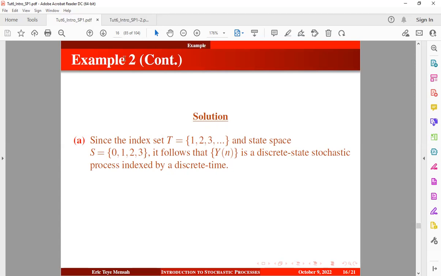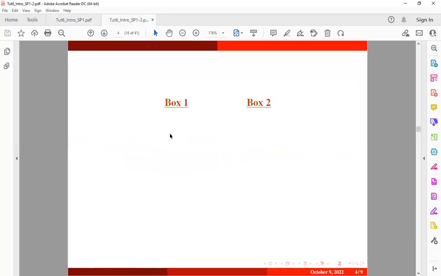How do you obtain this? Let me quickly show you. We have our two boxes here, box one and box two, and we have 5 red balls and 3 black balls, placed in these two boxes such that each box contains 4 balls at the end of the day. Take the first case: if we observe 4 red balls, it means we have 0 black balls, so box one has a total of 4 balls.